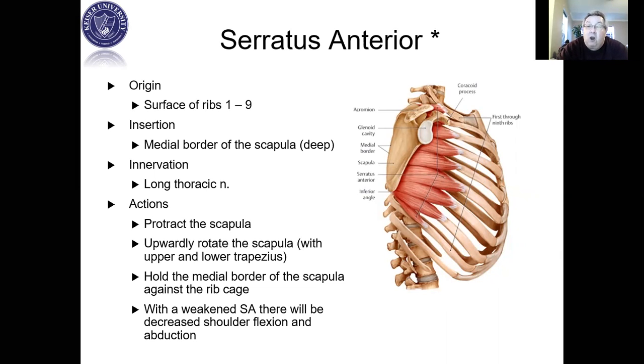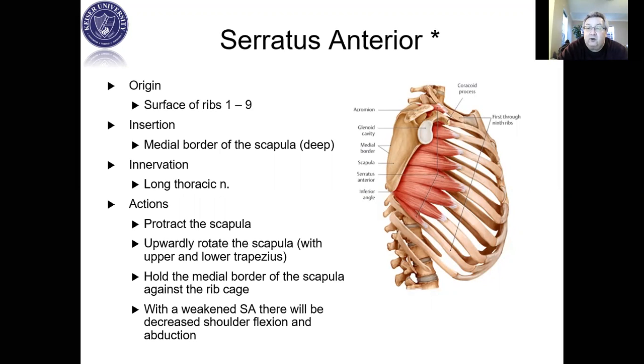So the origin of the serratus anterior, and the word serratus means rough, just rough edges. You know, when a knife has a serratus, it cuts. The origin of the serratus anterior is the surface of the first 9 ribs.